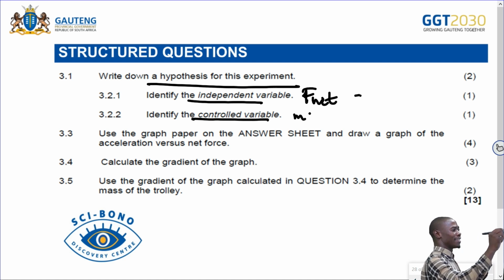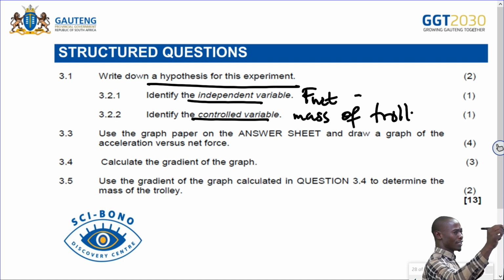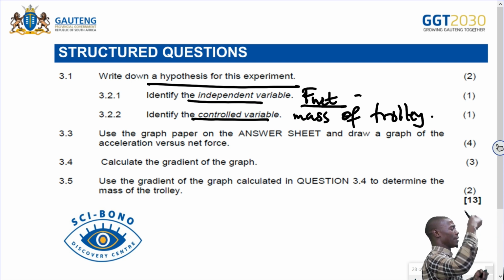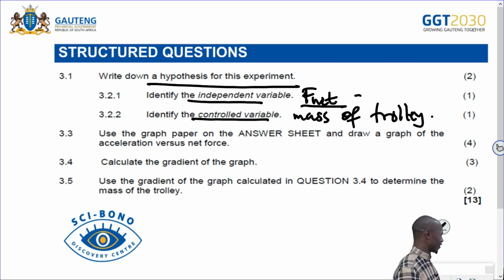It should be the mass. Not just any mass, but the mass of the trolley. Independent is the net force, dependent is the acceleration of that trolley. Use the graph paper on the answer sheet and draw the graph of acceleration versus the net force. So what are we expecting here? When you draw the graph, make sure that you choose a scale.